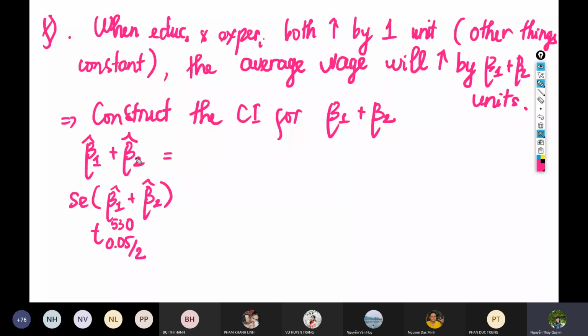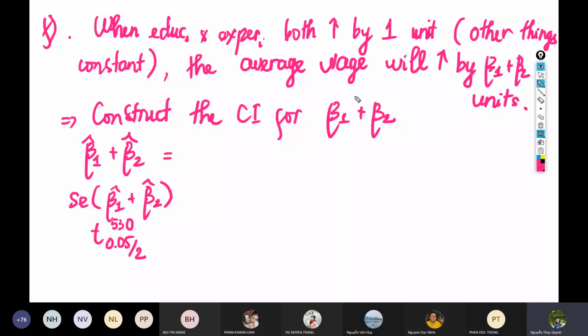All right, now what is the point estimate? Beta 1 hat plus beta 2 hat. What is it? Approximately 1.03.